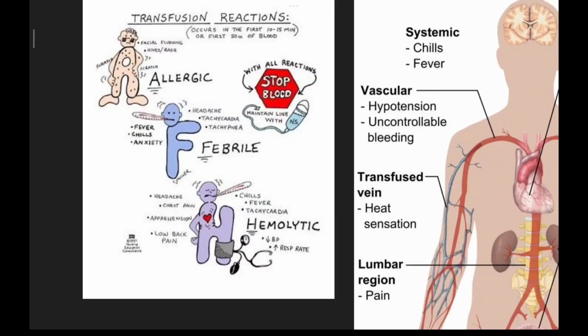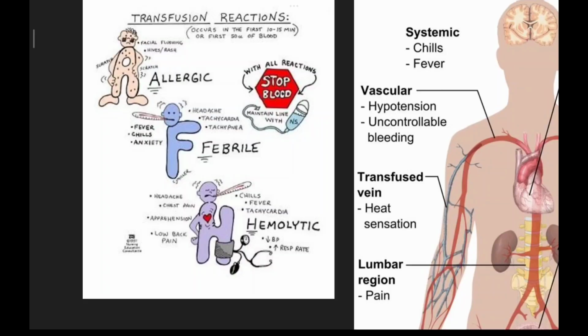Now, in the febrile reaction, the patient might experience headache, tachycardia, that is increased heart rate, and tachypnea, increased breathing, the patient is not able to breathe because of constriction of the chest wall.